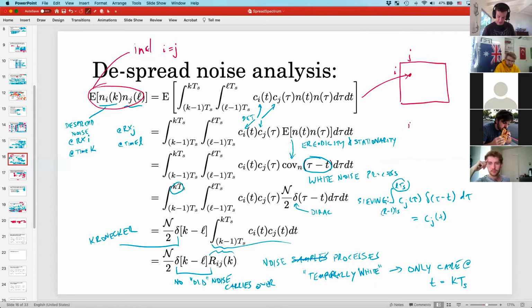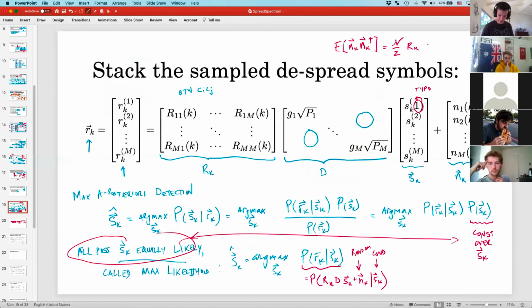And we can express that as n vector times n vector conjugate transpose. Because if n is tall, then n transpose is wide, and that means their product will be square. Okay. So the notation that I have on this slide now encapsulates that. So I'm taking the expectation of now a matrix, and every element of that matrix can be given to us by the results from 3 slides ago. Okay.